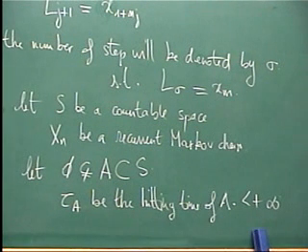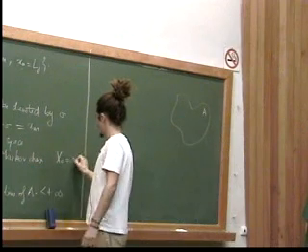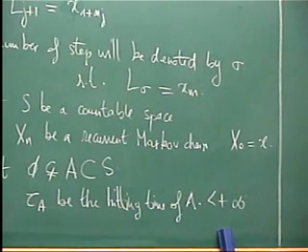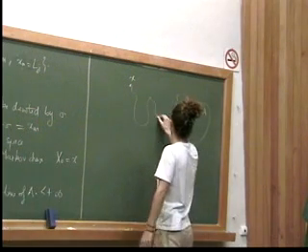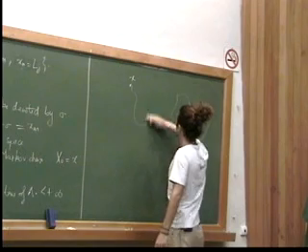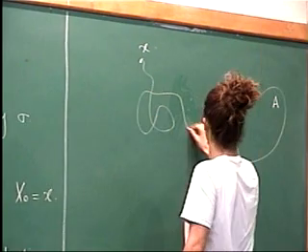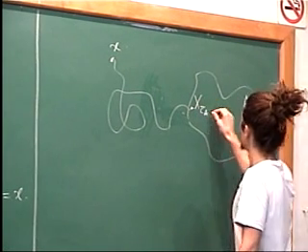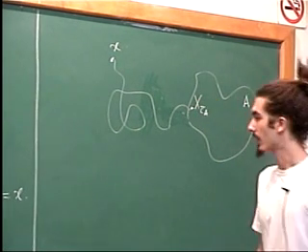So we have a set A here. Let's say that x0 is a value x fixed. So we start here. Eventually we are making loops. And we then get into A. Okay?